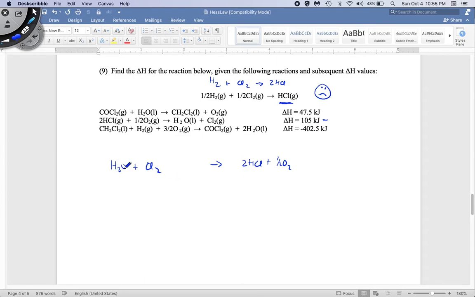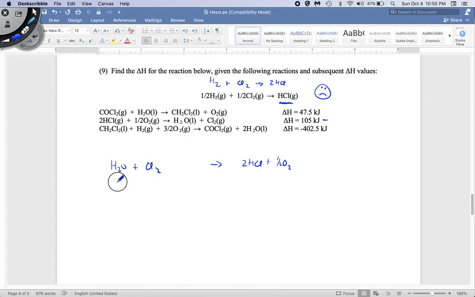Now, I don't want any water. So I have to start figuring out, how do I get rid of this water and this half of an oxygen? Because it doesn't appear in my final equation. So I could say, well, let's take this one right here, this bottom one, and leave it as is. That will help me to get rid of my oxygen.